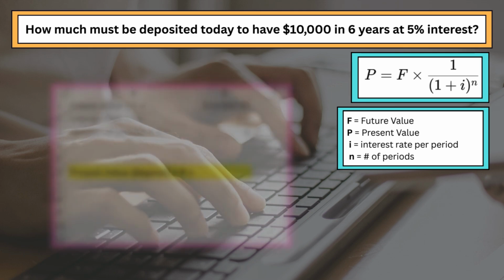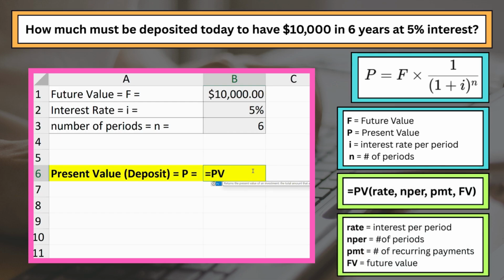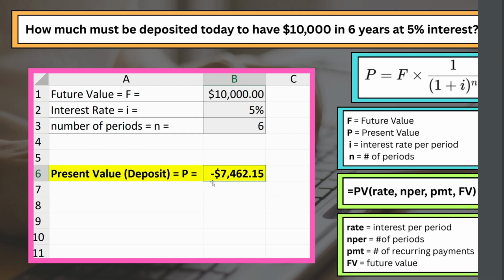Once again, Excel translates this formula into its own PV function, equals PV(rate, nper, pmt, fv), where fv equals future value. Inserting these variables into this function results in a present value of negative $7,462.15. The negative sign here just reminds us this is money going out today in the form of a deposit.